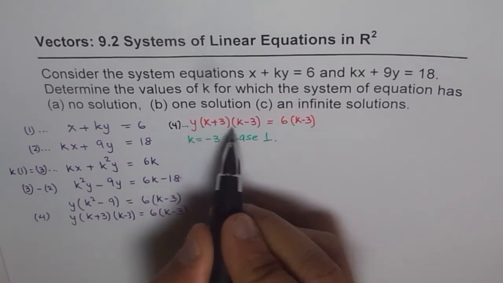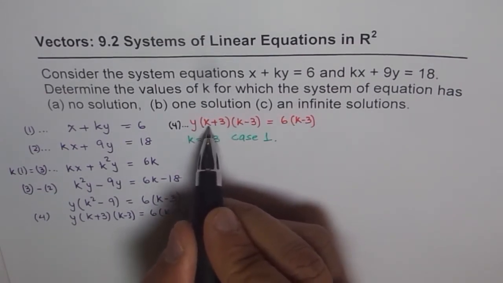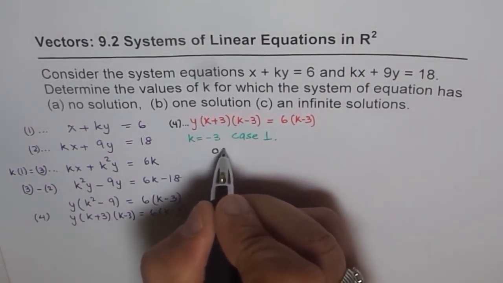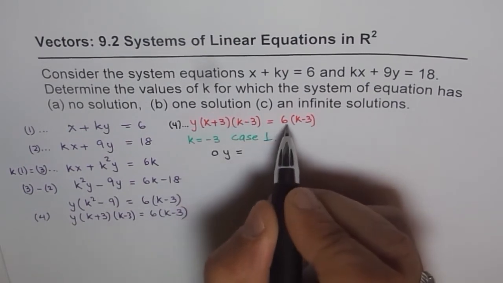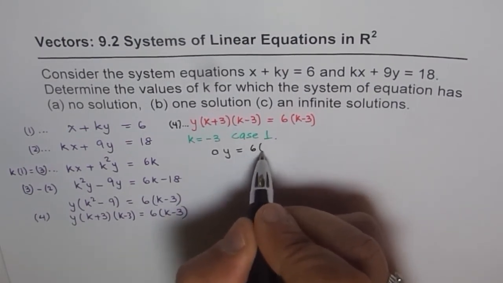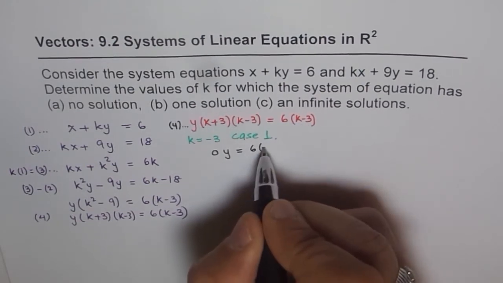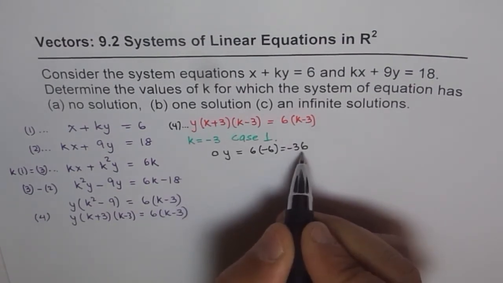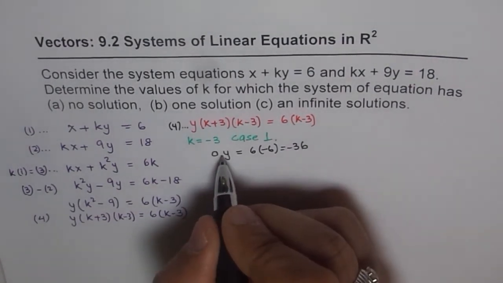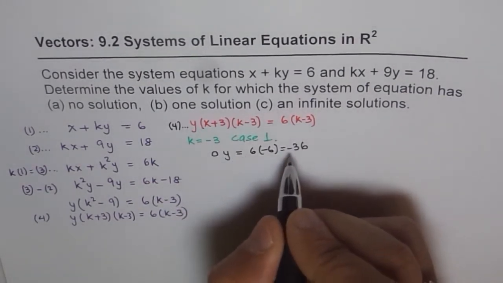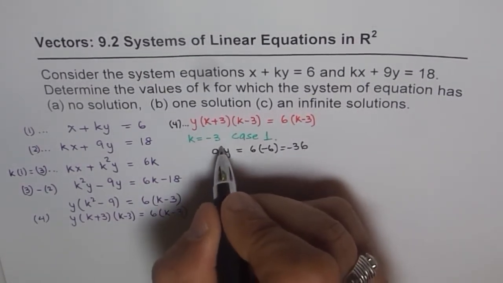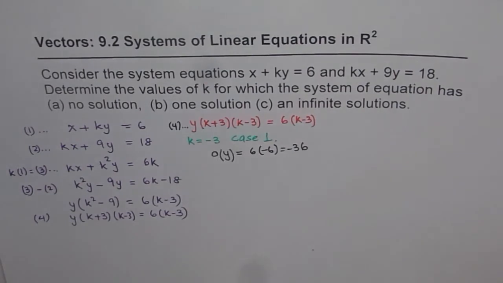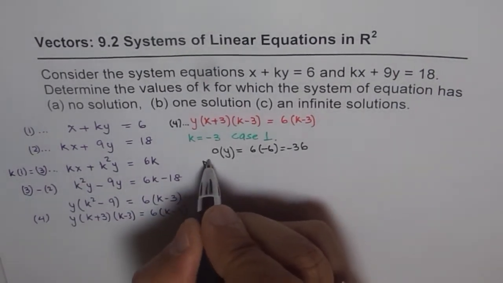In that case, the left side is 0 because anything minus 3 plus 3 is 0, anything multiplied by 0 is 0, so we get 0 times y equals 6 times (minus 3 minus 3), which is minus 36, right? So 0y equals minus 36, that is never true because this is always 0, right? 0y equals minus 36 means 0 equals minus 36, correct? You know, 36 is a number which is not 0, and so this condition is not true.